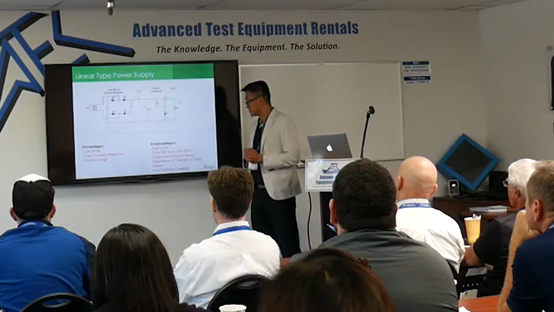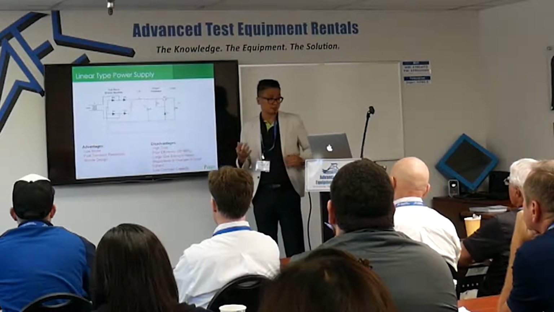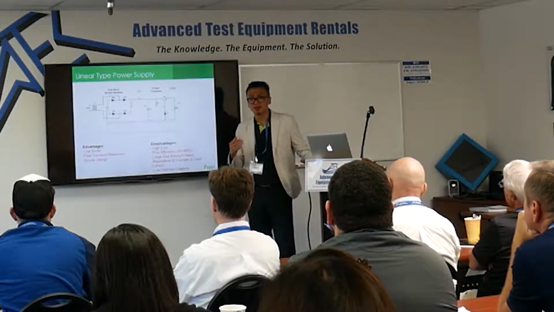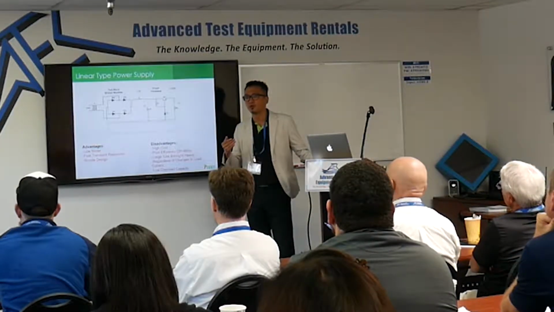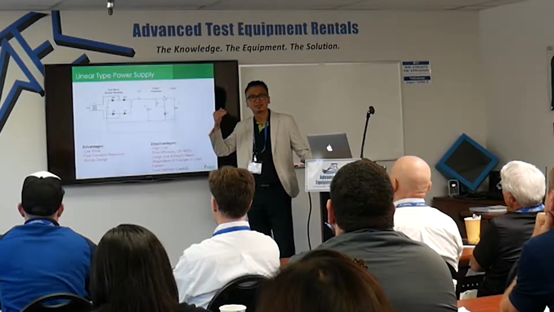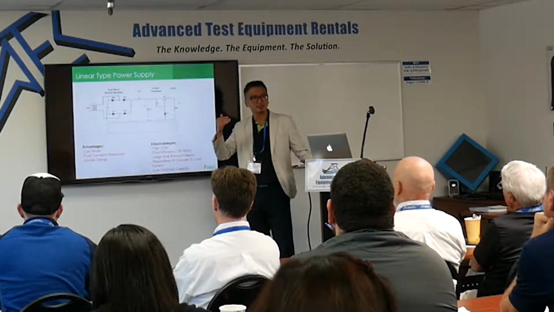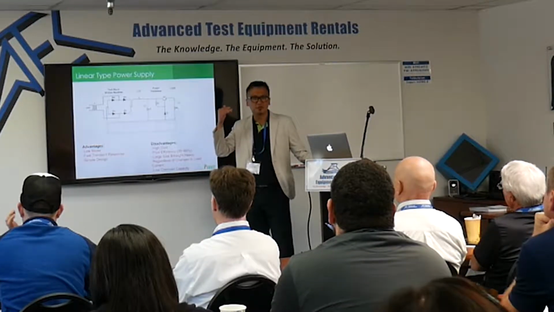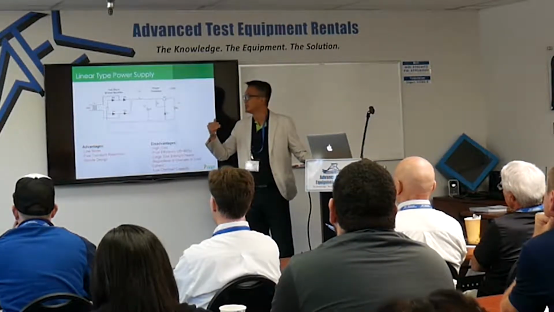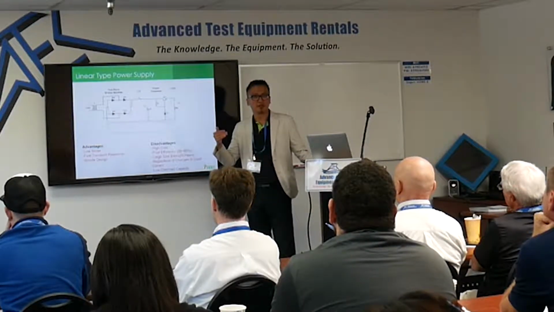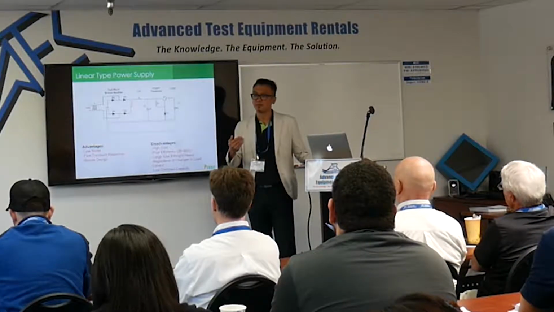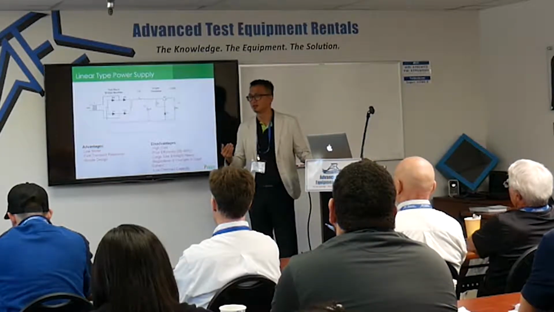So for this kind of applications, linear type nowadays is more for high-end testing, very high-end, where you need a very clean power source. Otherwise, it will kill your cost. The cost is too high.